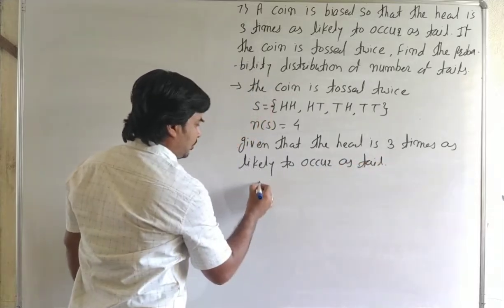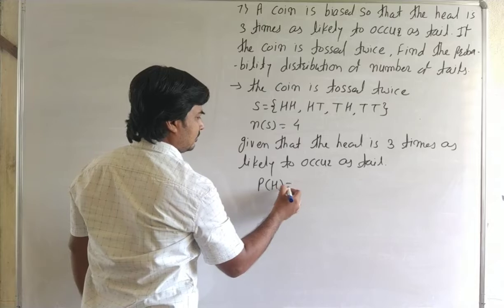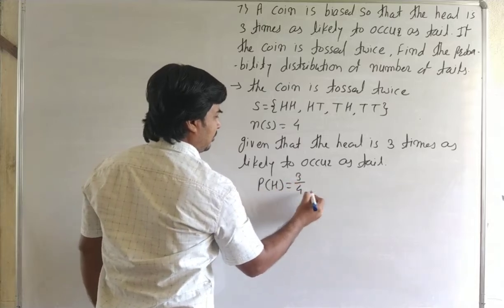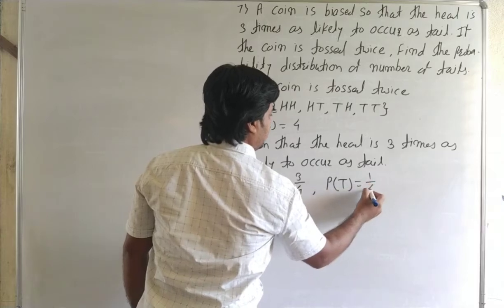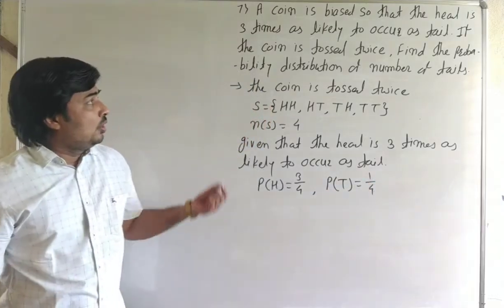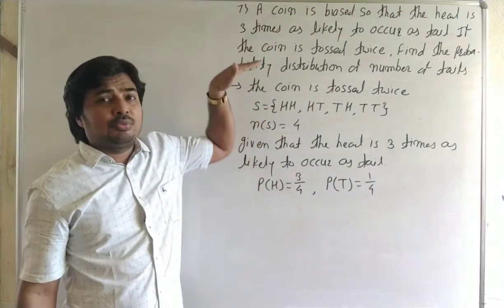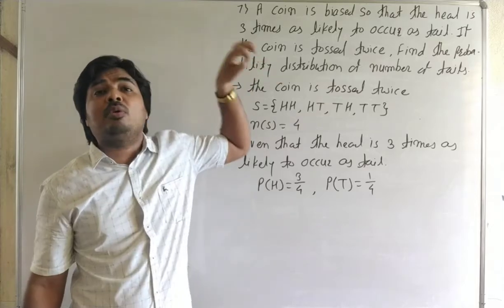That is, the probability of head is 3/4, and the probability of tail is 1/4. Okay. Now we want to find the probability distribution of the number of tails.